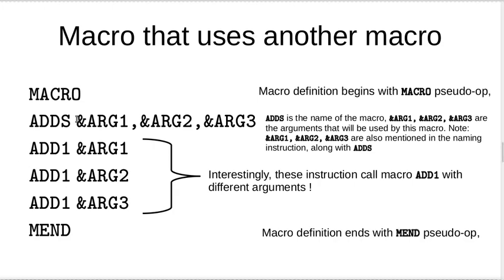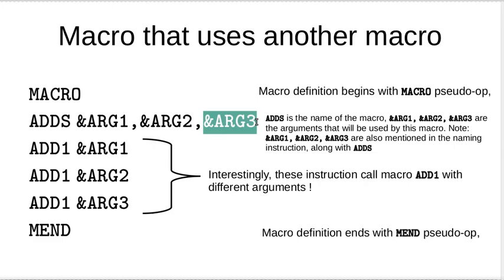So in this case, the definition obviously begins with the macro pseudo-op. In the second instruction, we find that it is written adds. That is the name of the macro. That is perfectly acceptable. Followed by three arguments: &arg1, &arg2, and &arg3. Fine. So this also we have studied in the previous lectures, where a macro can have more than one argument.